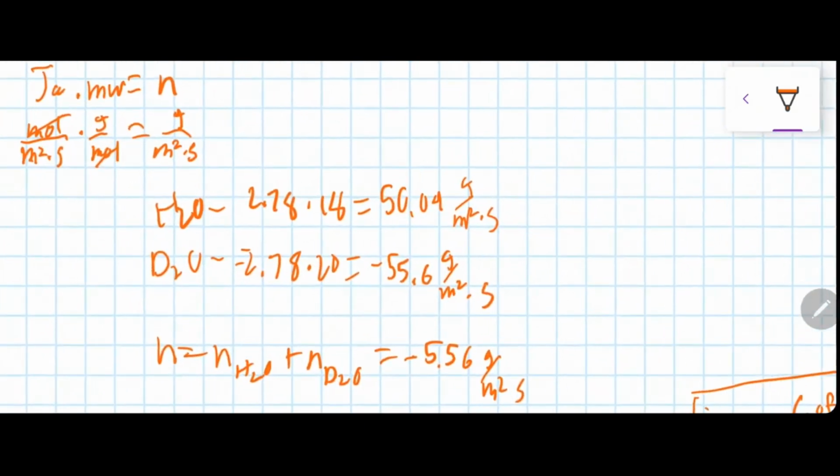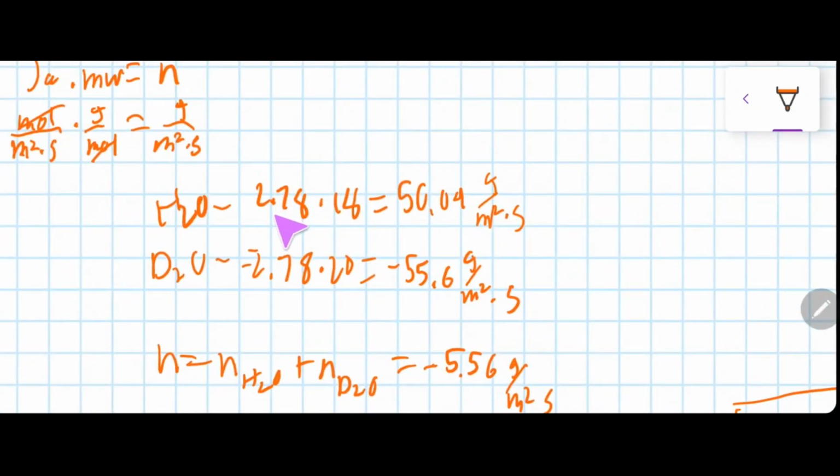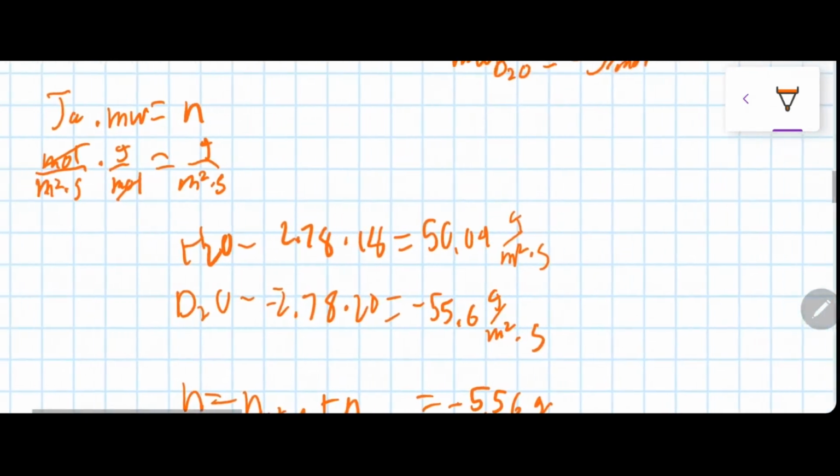So the molar diffusive flux for water is 2.78. Therefore, the molar diffusive flux for heavy water is negative 2.78.